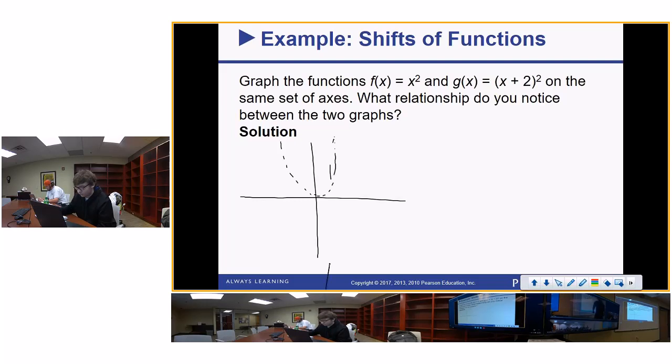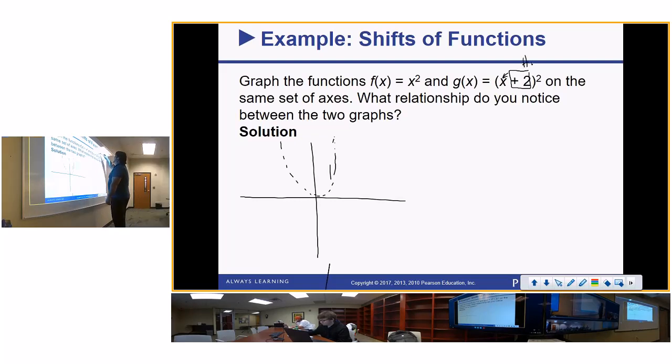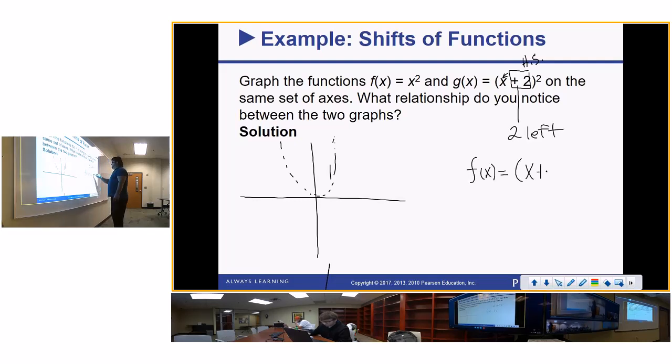So this number is attached to the x. So that means this is not a vertical shift, it's a horizontal shift of 2 to the what? Left. Remember, when you get your vertex, f of x is equal to (x + 2)² − 6.